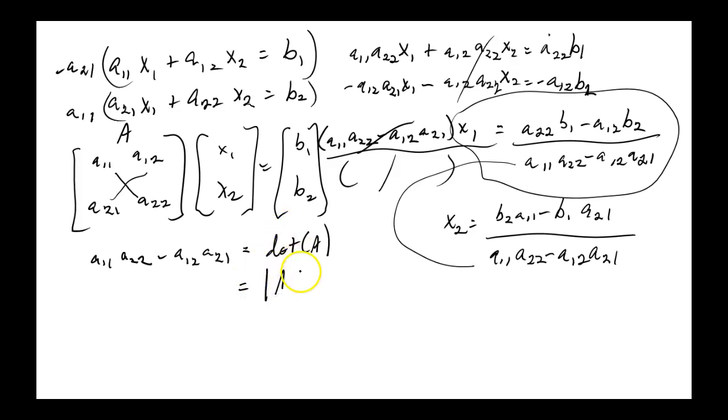It looks like absolute value of A, but you don't take absolute values of matrices, you take absolute values of numbers. It's the same symbol, two vertical lines, and that means determinant of A.